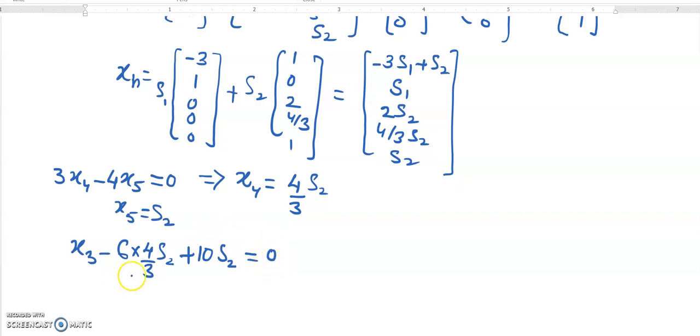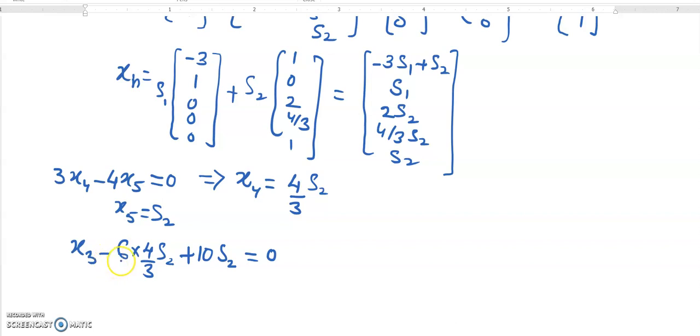Okay, because we are considering the homogeneous part. So in this case now it will be minus 8s2 plus 10s2, so it will be plus 2s2, sorry, it will be plus 2s2, right?